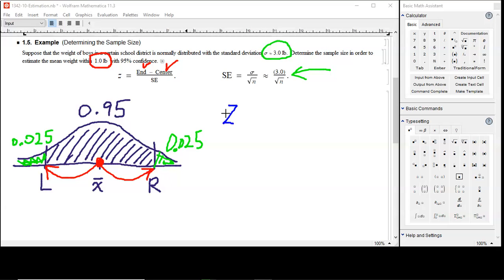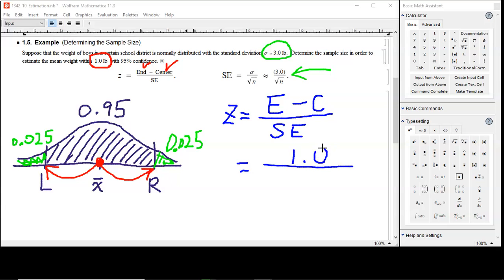So Z is end minus center over SE, yeah? And end minus center is 1.0. And then depending upon L minus the center or R minus center, I'm going to get either plus or minus, but this is symmetric, so I don't really have to care.